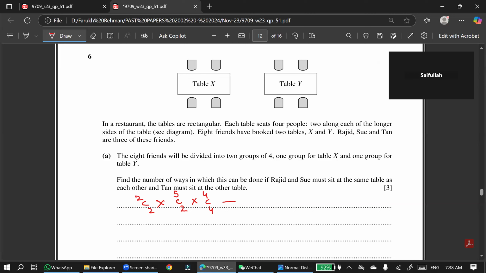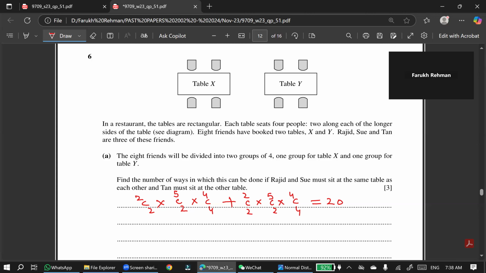No, sir. Now we will place Rajit and Sui on table Y. Out of the 5 remaining, because Tan will not be included for table Y, we will place 2 more persons on table Y and then 4C4 for table X. What's the final answer? 20.